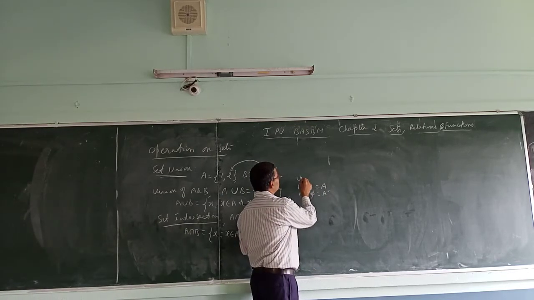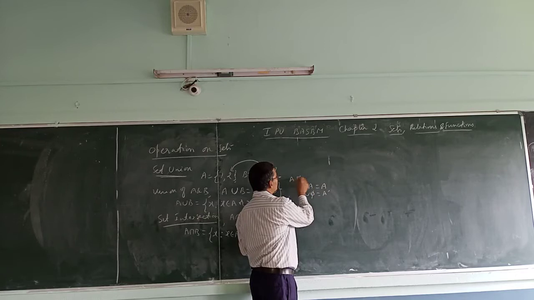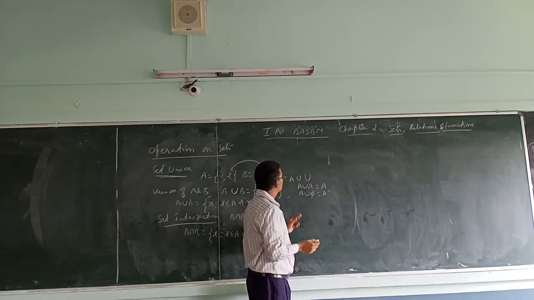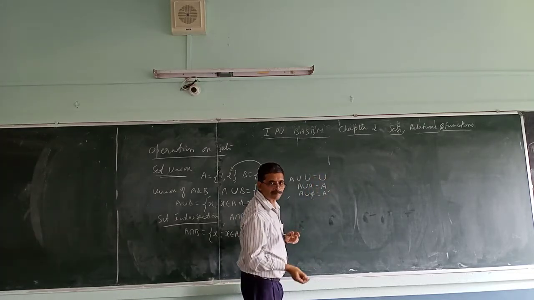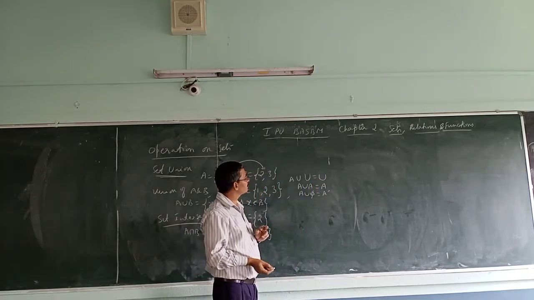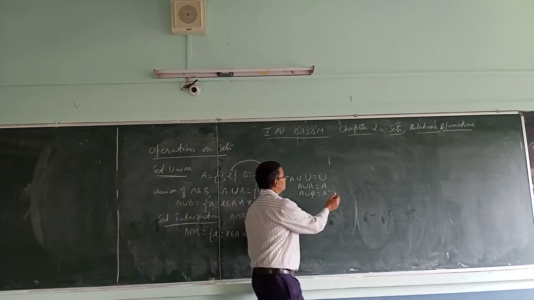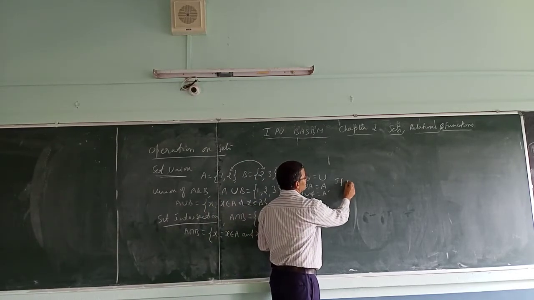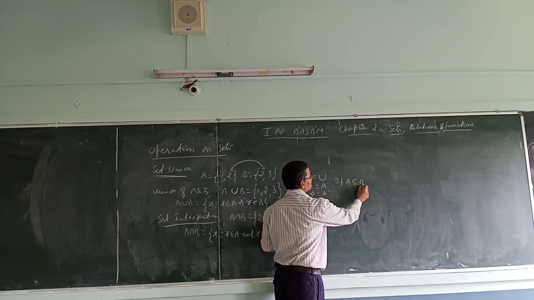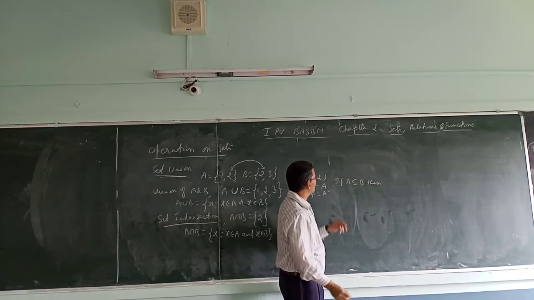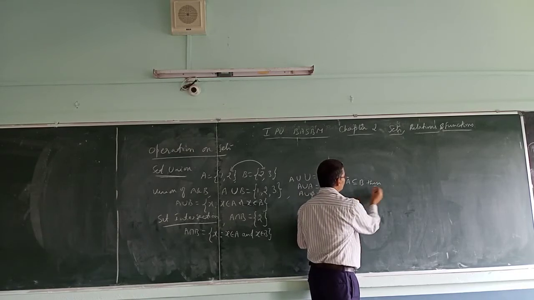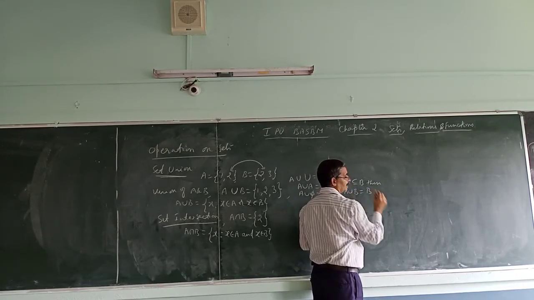A union the universal set is again the universal set. Further, if A is a subset of B, A union B equals B only.